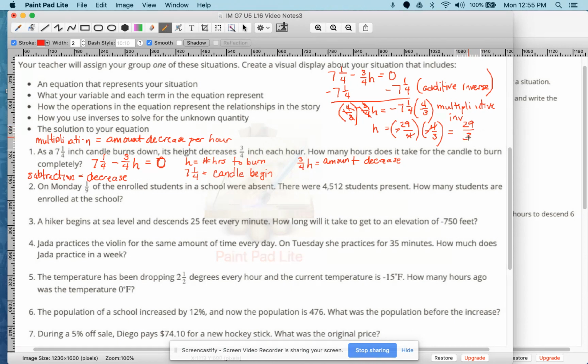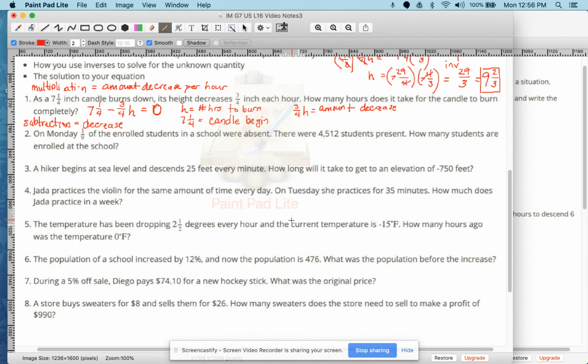And I know that 3 goes into 29 9 times, which is 27, and there are 2 left over. So it's going to be 9 2/3 hours. So we explained how we used inverses to solve the unknown quantity, and we came up with the solution to the equation. So there's a lot of steps for that one particular situation.